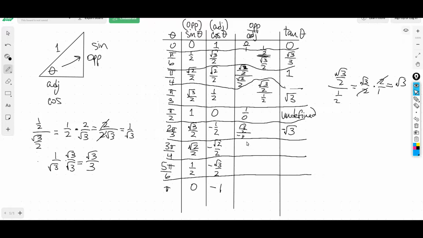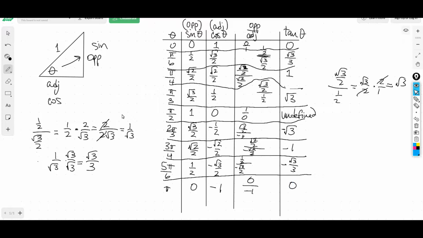Then square root of 2 over 2 all over square root of 2 over 2, and this one's a negative. That's a negative 1. Then 1/2 over negative square root of 3 over 2. We already did that up here, so that's square root of 3 over 3, and that's a negative. And then 0 over negative 1. I was going to put negative 0. What am I thinking? That is just 0.